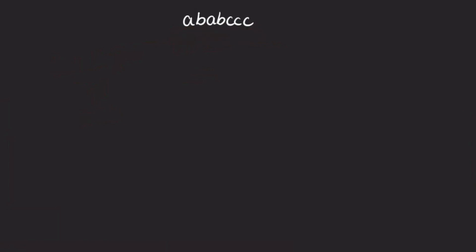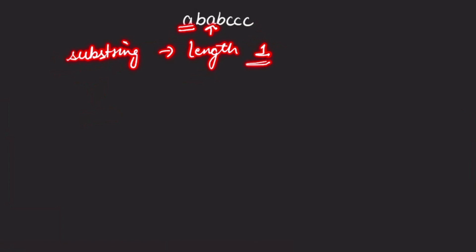So let's suppose if I create all the substrings of length 1, then that will be the maximum number of substrings that I can get, right? But in this case, what will happen is that there will be some substrings which will be repeated, because here A is present here also and here also, then those two substrings A and A will be duplicates, right? So we cannot just split it into lengths of 1.